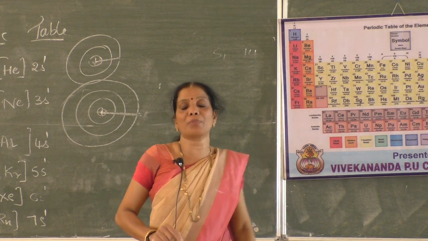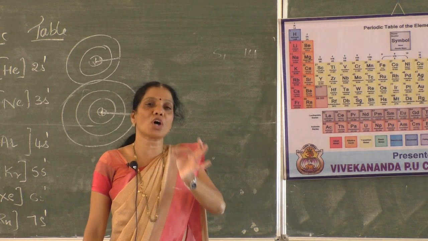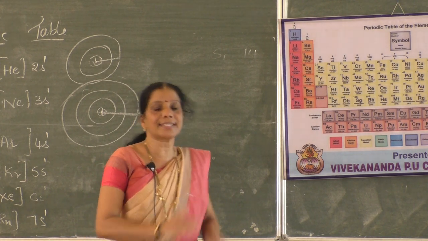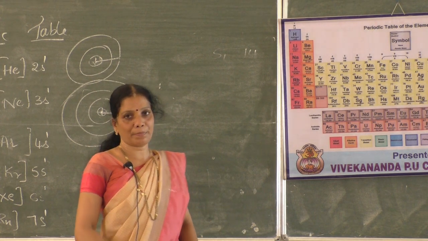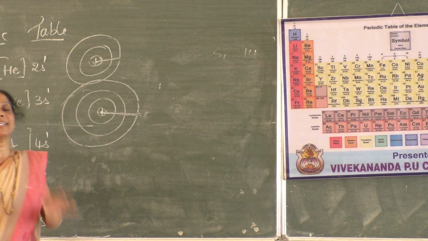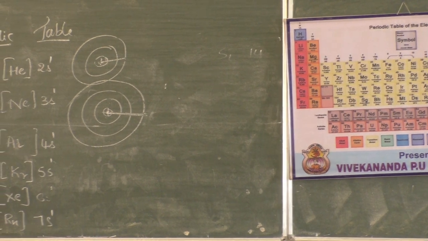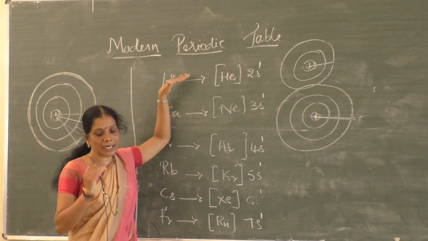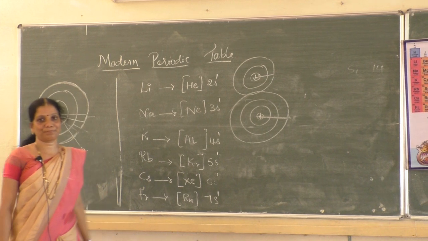Next outermost main energy level. Distance increases, nuclear force of attraction decreases, size also what happens? Increases. By this we have finished second periodic property, nothing but atomic size. Is it clear for you? The second periodic property we have finished, that is atomic size.